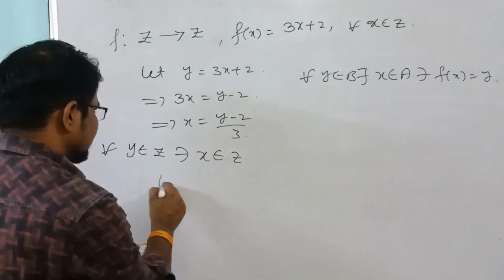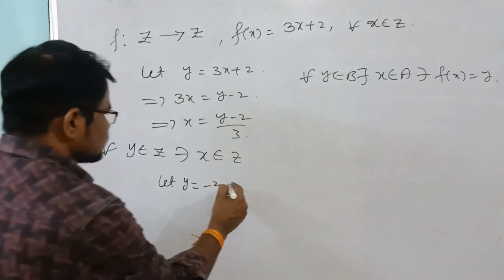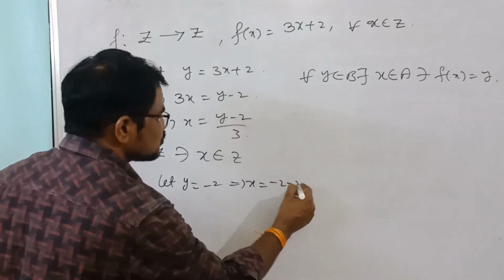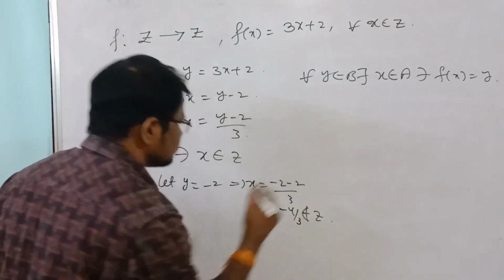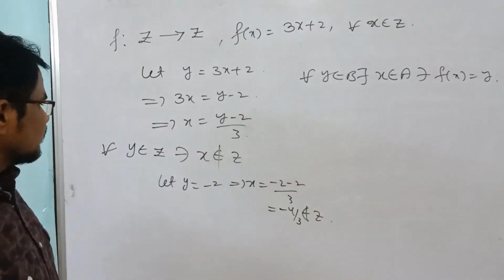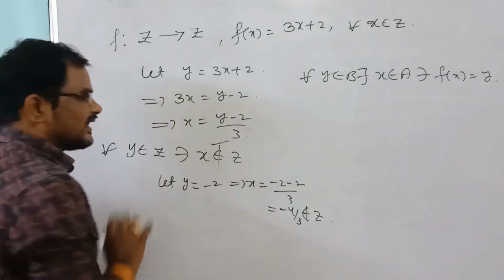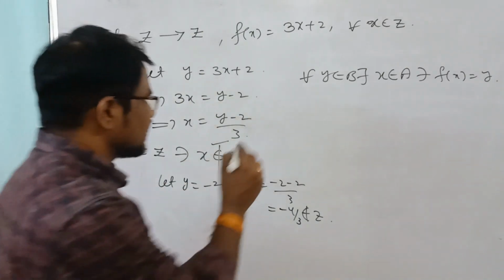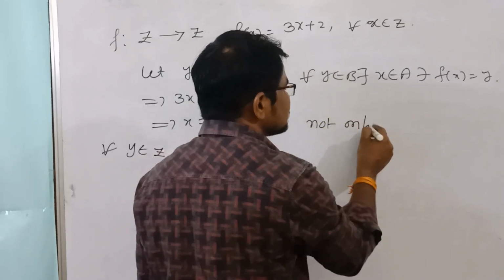Suppose we take y equal to minus 2. That implies x equals (minus 2 minus 2) by 3, that is minus 4 by 3. Does it belong to integers? No. So for all y belongs to integers, there is no integer x. So that's why this f is not an onto function.